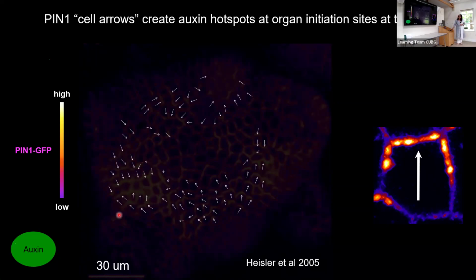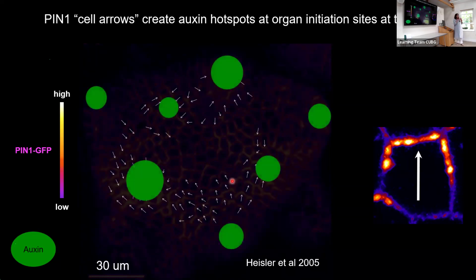So you see that some of these cells form arrows, and all these arrows are pointing towards this site at the shoot meristem, and some arrows are pointing towards this other site. Some are pointing here, but some are pointing away from here. And so what exactly is happening with the help of these guided arrows?